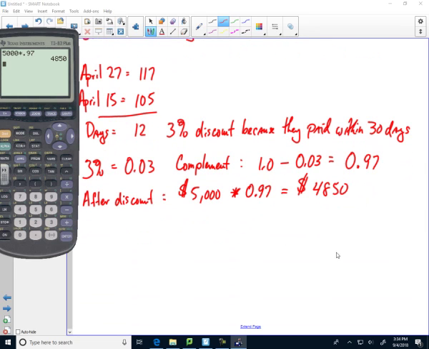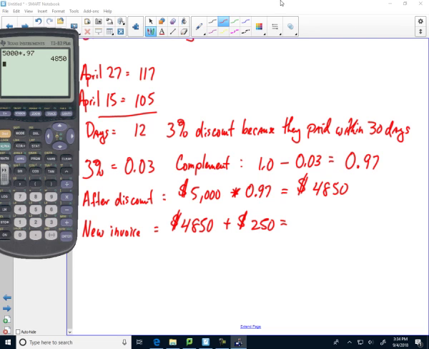So the new invoice is, this is the reason I changed what I was going to call it there a while ago. The new invoice is plus 250.